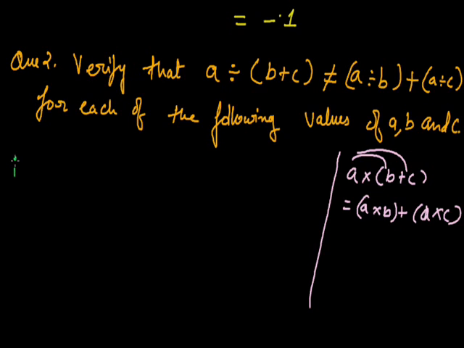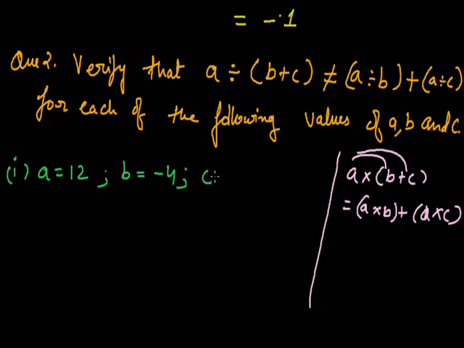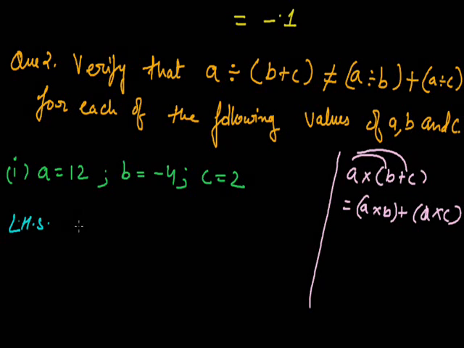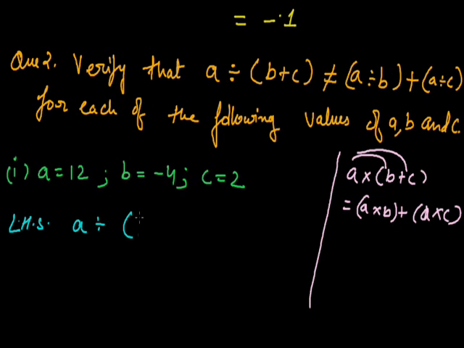Now for the first part, we have the value of A as 12, B as minus 4 and C as 2. We have to verify that A divided by (B plus C) is not equal to A divided by B plus A divided by C. First of all we will take the left hand side. In the left hand side we have A divided by (B plus C).